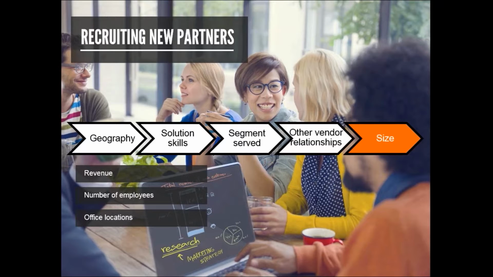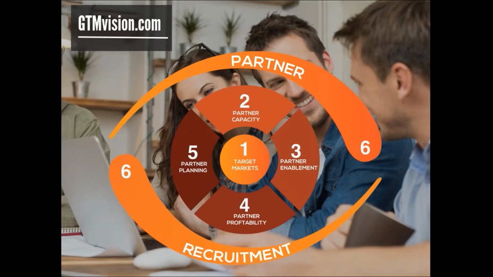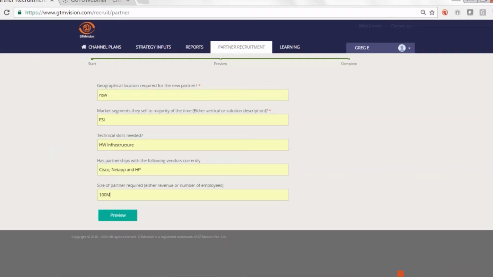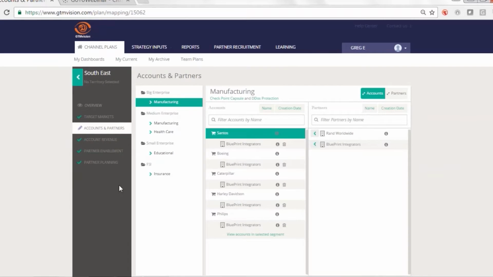So, just a quick review of GTMvision: once you create your query, this will create a short list of partners. Those partners you can contact and engage, and we'll show you a slide a little bit later, the 3 ways that you can engage those partners, either yourself or by using our services.